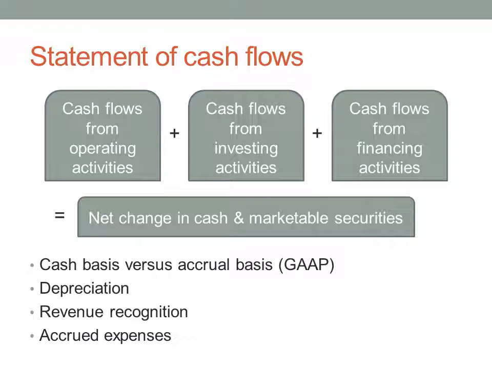We have to record things even though a cash exchange might not have occurred, like depreciation. When you buy a car, you may pay $10,000 for it and it's now worth $2,000. Even though it's dropped in value by $8,000, you didn't spend $8,000 in cash because it dropped in value. You know that happened, but you didn't spend it.